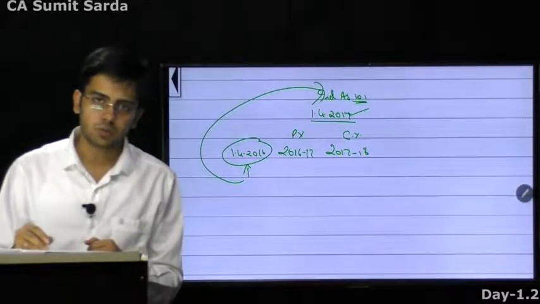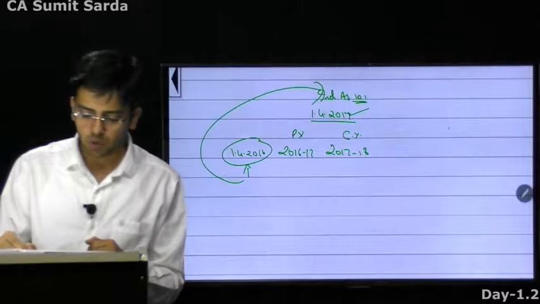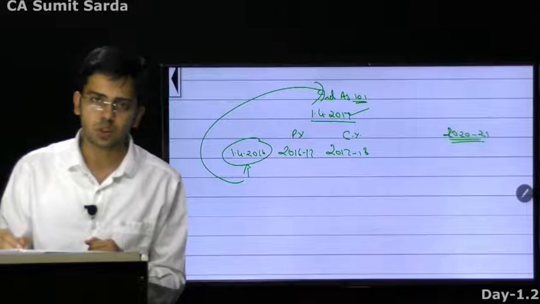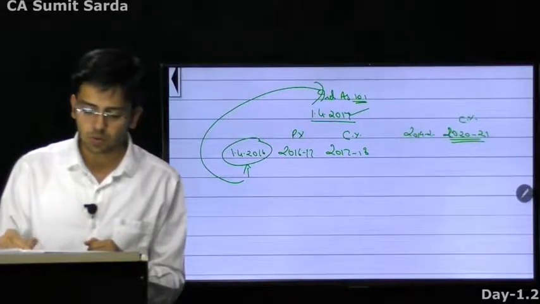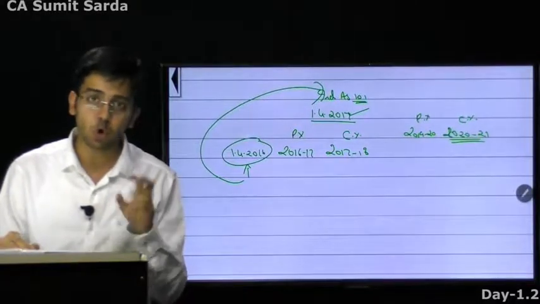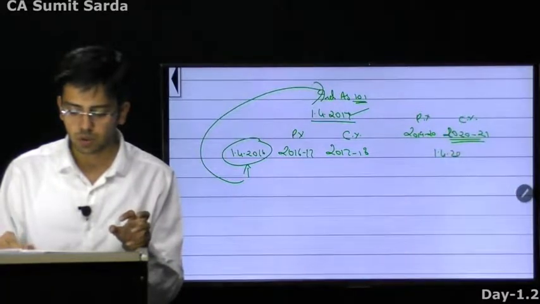Now in future, if you change the policy at any point, now suppose in 2020-2021 I change my policy. So this is the current year. The comparative will be 2019-2020. And if I change the policy, I'll have to give one more balance sheet, again only if I change the policy, 1st April 2019.